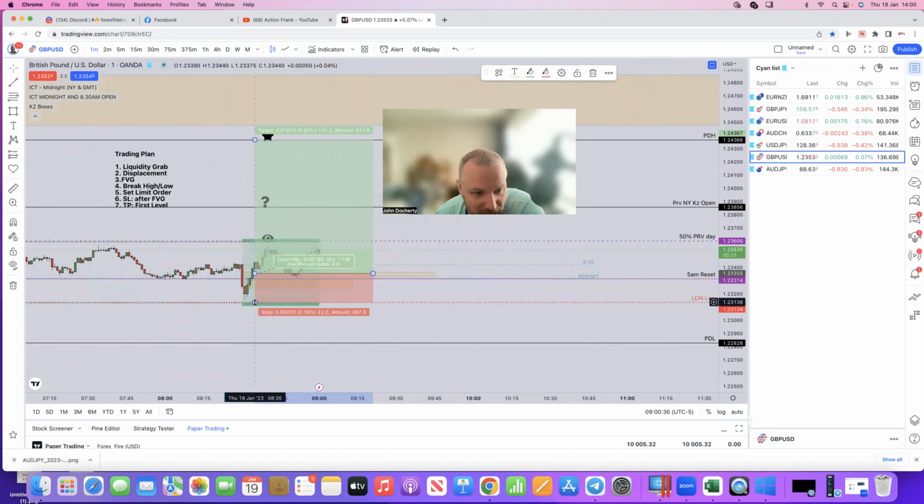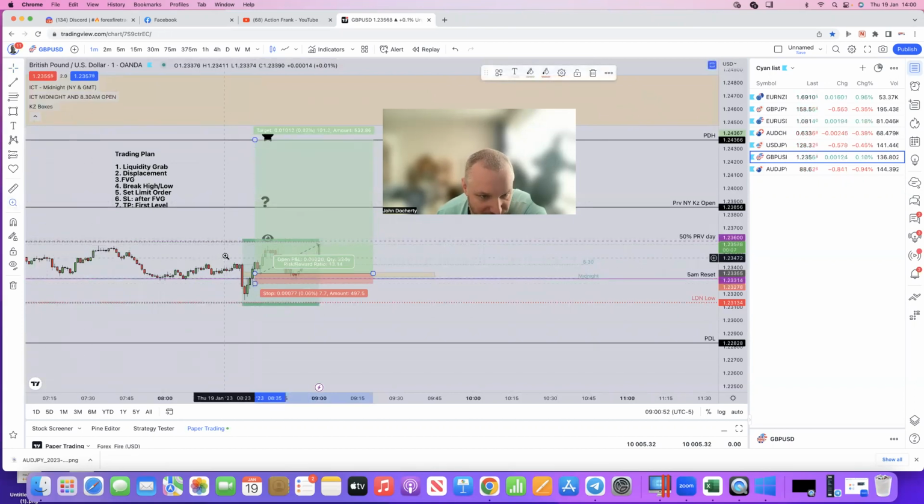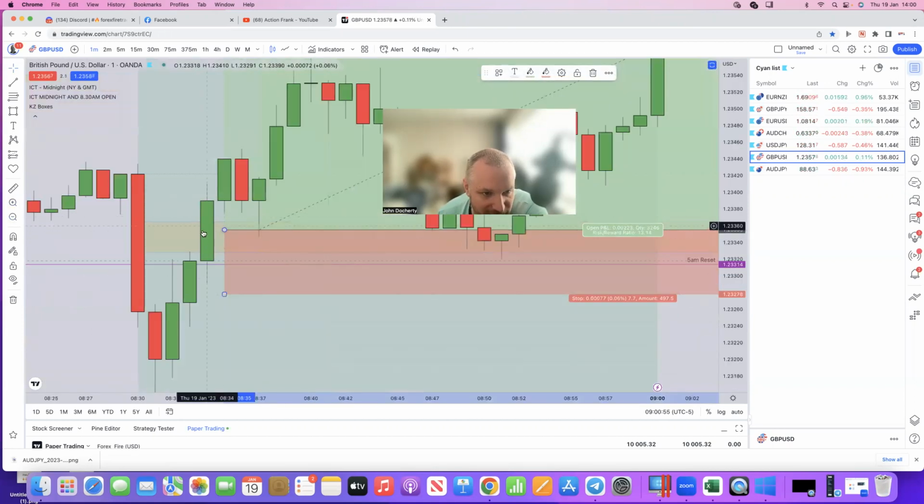Now, let's say we went below where the fair value gap was. This is where we're looking at for the fair value gap. I will go underneath the candle of the area here.